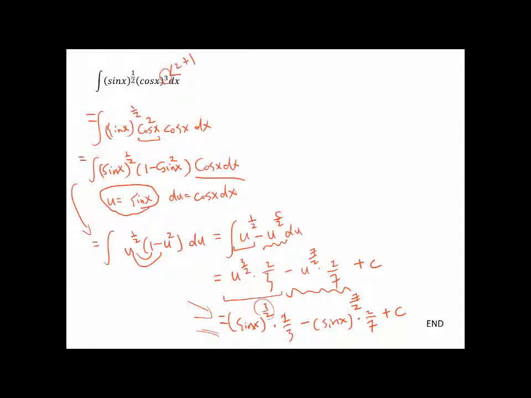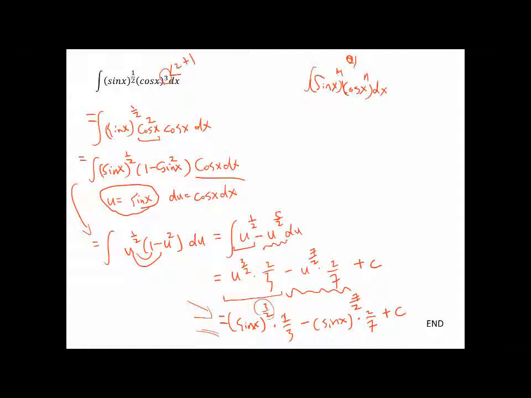Okay, so I want to give a brief summary about this part. How to recognize this question: I know this is sin x, cosine x carrying a higher power, which is greater than 1, dx.